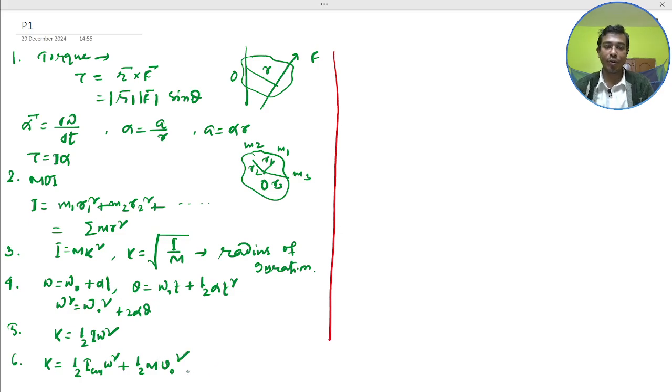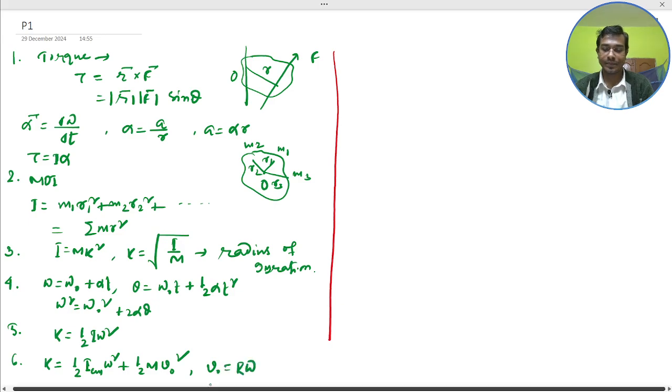In the case of pure rolling, v naught will be r omega. So kinetic energy would be half I CM square plus m r square omega square.